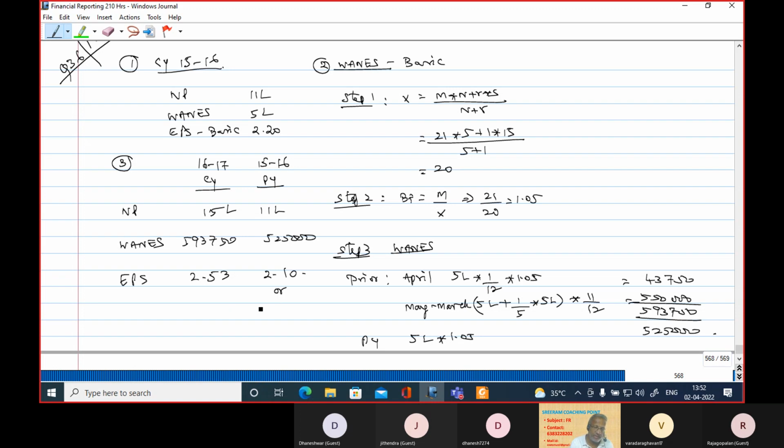Or previous year's EPS divided by bonus factor. 2.20 divided by 1.05. You get this. This is what you call adjusted EPS.